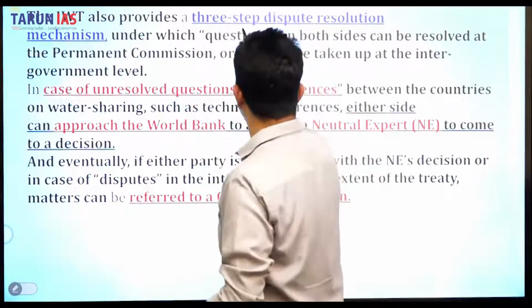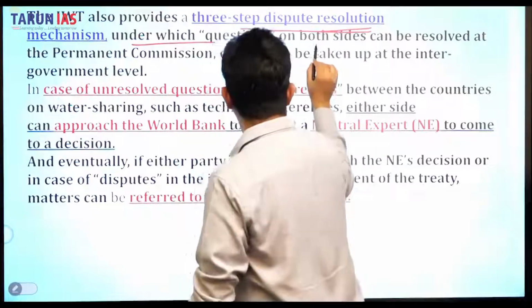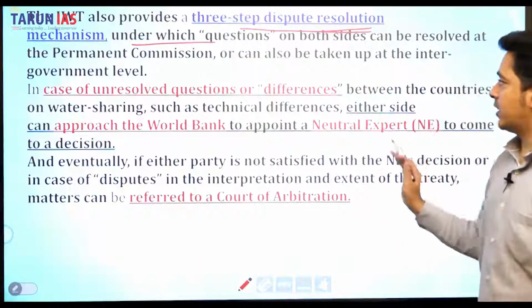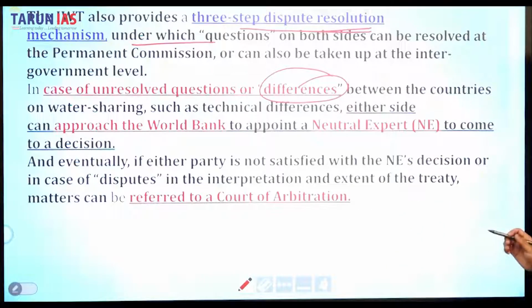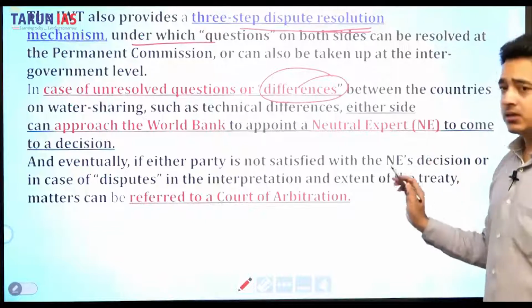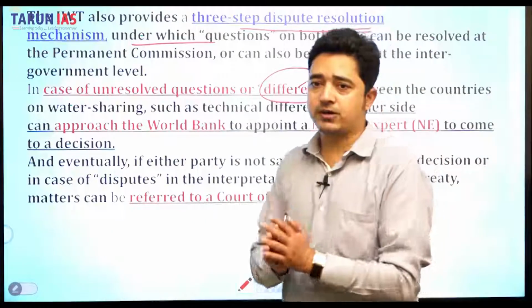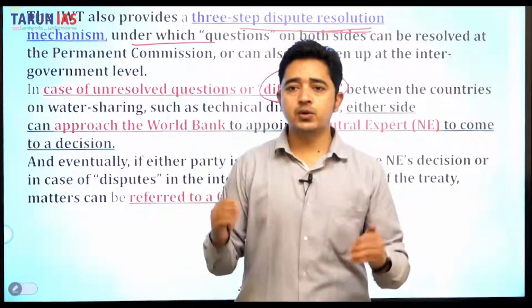the IWT also provides a 3-step dispute resolution mechanism under which, in case of unresolved questions or differences between the countries on water sharing, such as technical differences, either side can approach the World Bank to appoint a neutral expert. So if both countries have a dispute over this, the World Bank can appoint a neutral expert, the NE, to come to a decision.